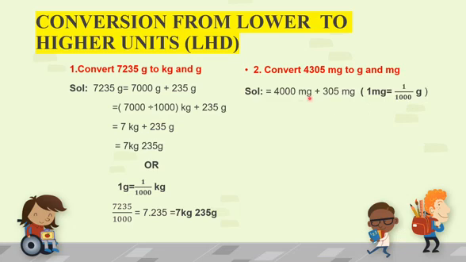We first split this number 4305 into two addends: 4000 plus 305. 4000 milligram plus 305 milligram, where 1 milligram equals 1 by 1000 gram.